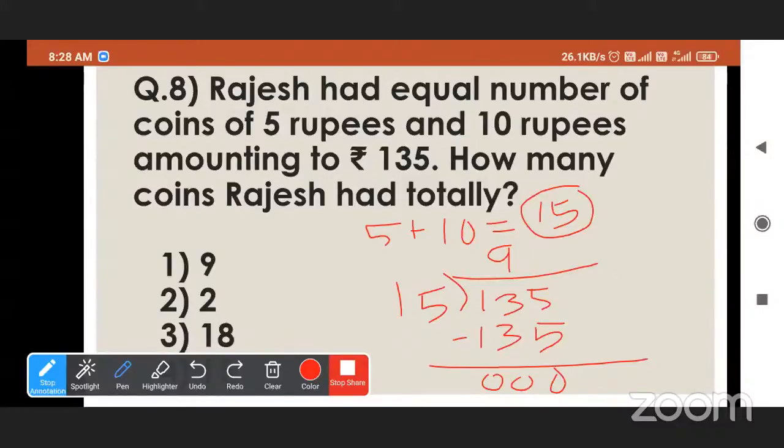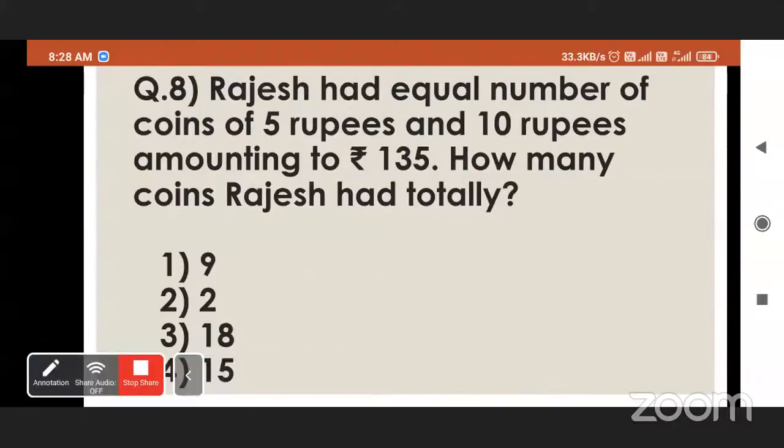Then the number of coins of 5 is 9, and the number of coins of 10 is 9. So the total number of coins is 9 plus 9, 18. So the right option is the third one.